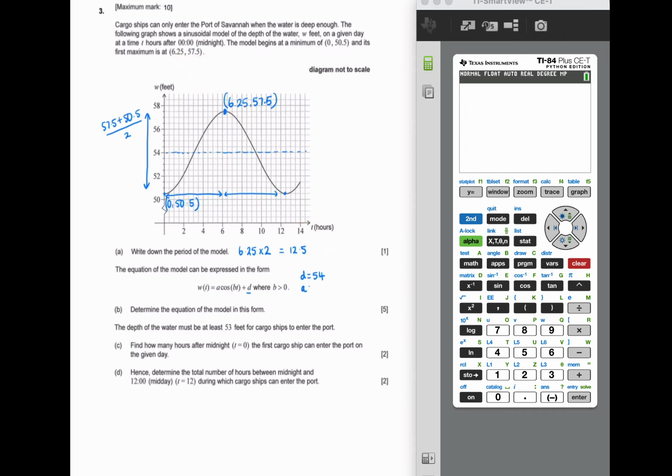A is the amplitude, so this is how much the wave increases and decreases from that principal axis. On this one, you do the 54 and the 57.5 and subtract them, and that will give you the amplitude, which is 3.5.